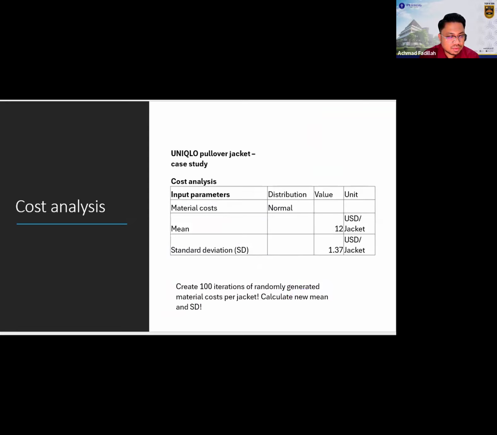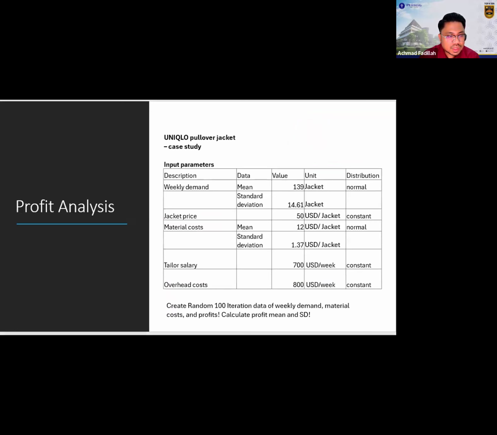You already get this information, and then you can also analyze even more complex situations. We already have a weekly demand for the jacket, and previously you also have material costs, and then you also have the jacket price for the Uniqlo product, 50 USD.